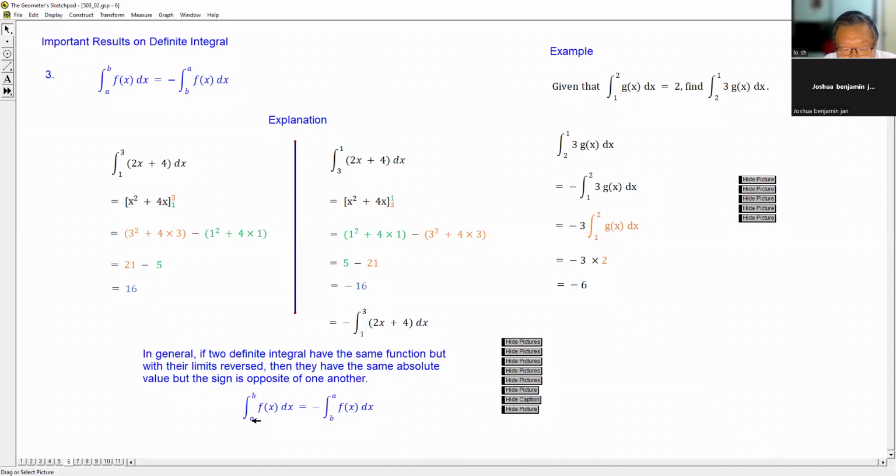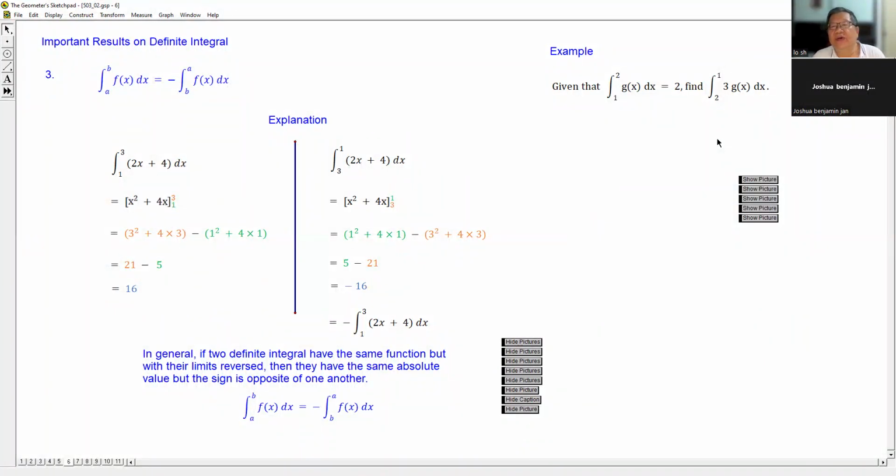You want to integrate from A to B, it is the same as integrating from B to A, except that there's a negative sign in front. Okay, now, any question on this? No? Then we look at this example here.